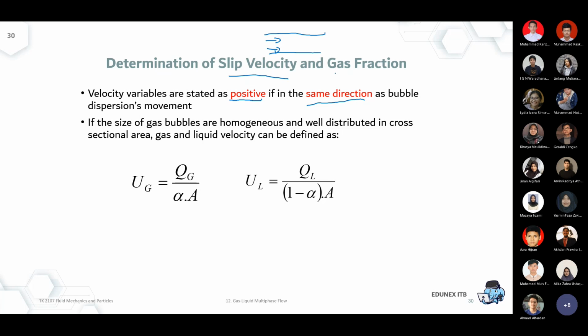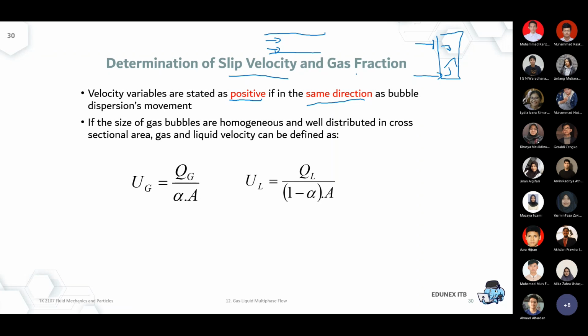But sometimes we will have another system where the gas and liquid flow in different directions. The example here is probably found in an absorber, where we have a gas coming upwards from the bottom of the absorber, and a liquid coming downward from the top.